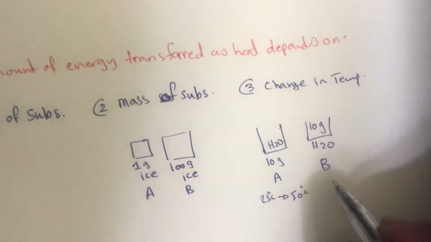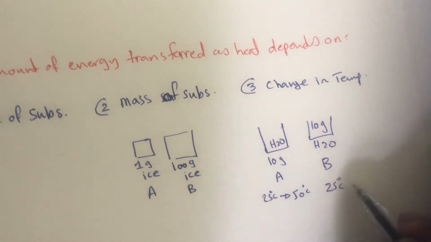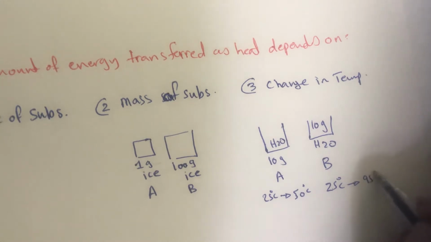And here, in the second case, you want to increase the temperature from 25 Celsius to 95 Celsius.